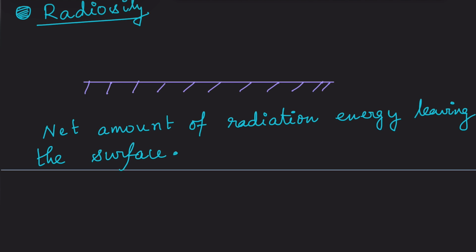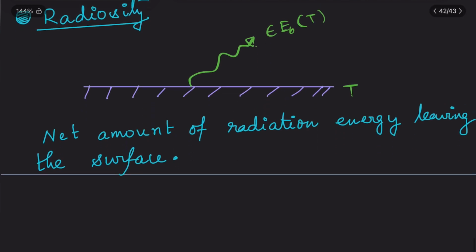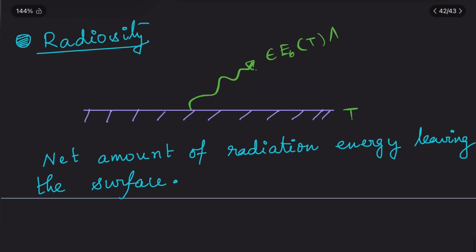Then some of you will directly jump and say that I know that is epsilon into Eb. If the surface is at a temperature T, then it will be epsilon into Eb into the area of the surface, and the surface has emissivity epsilon.